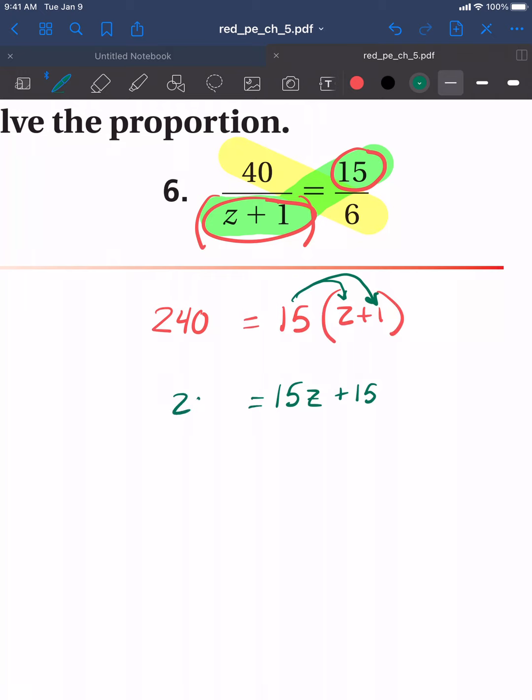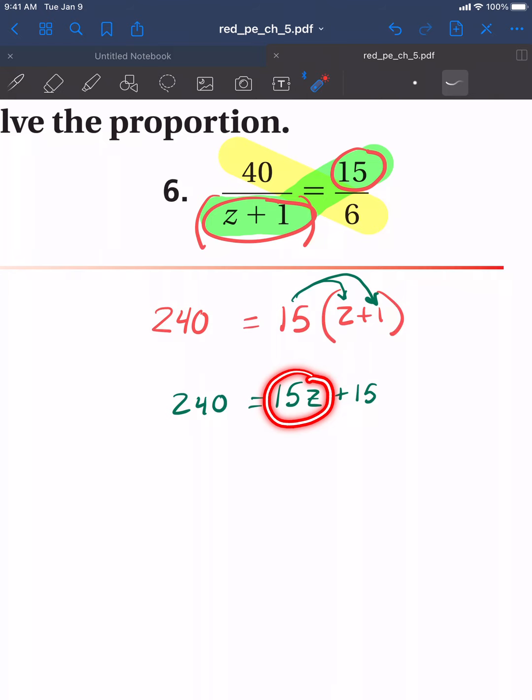Equals 240. Now, to get z all by itself, I cannot do what's directly happening to z first. Right now, directly, it's being multiplied by 15. I cannot do that first. I have to do this first, get that gone. It is a plus 15, so we do the opposite, which would be to minus 15.